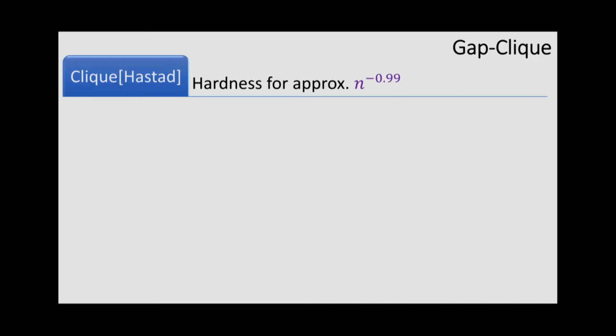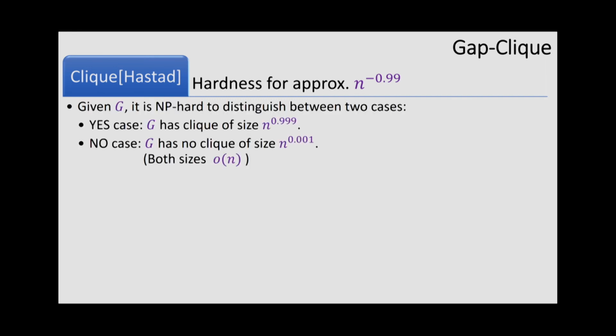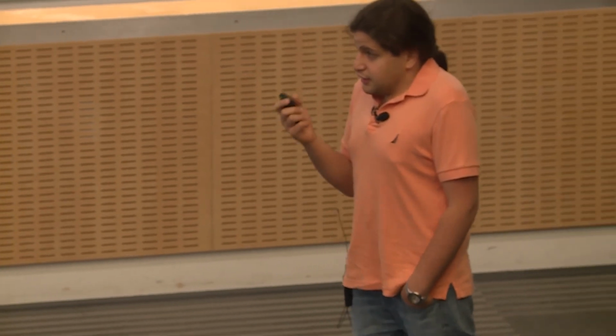This is the result of Håstad, and he proved the following. He showed that given a graph G, it's NP-hard to tell whether this graph contains a clique of size n^0.999, or it contains no clique of size even n^0.001. Sometimes it's easier to think about the equivalent promise problem formulation, especially if you try to design algorithms.